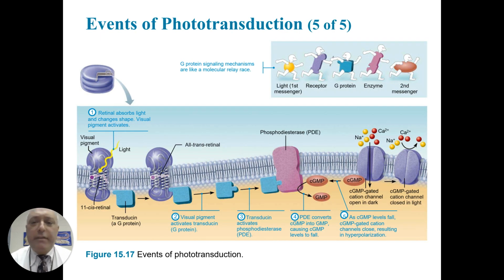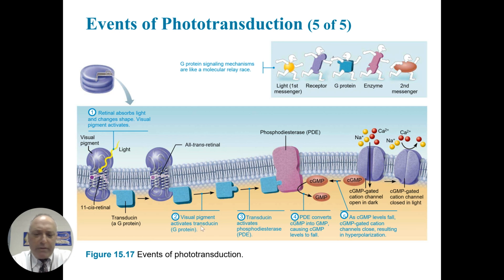So if we look at the events of phototransduction, the first event is retinal absorbs the light and changes shape. This activates a G protein, a GTP binding protein called transducin. And this whole pathway allows for amplification, so you can have activation and then amplification of your response.